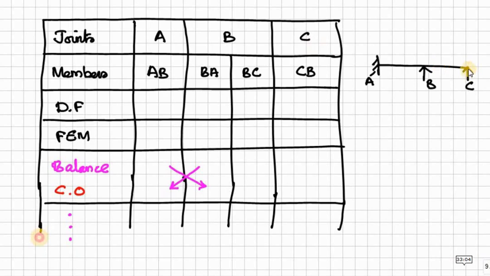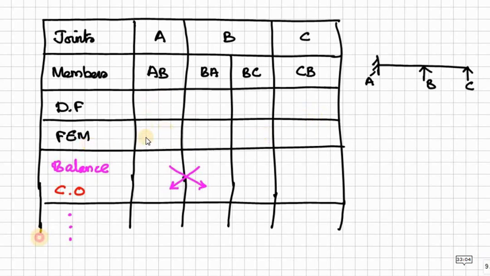Similarly, for C joint, we have only CB member. Then we have to write out distribution factors for each member at joints. Here in this case, we will have distribution factors at B, and there is no need for distribution factors at A and C. Or, for example, suppose the joint is a hinged support, then distribution factor is 100%.